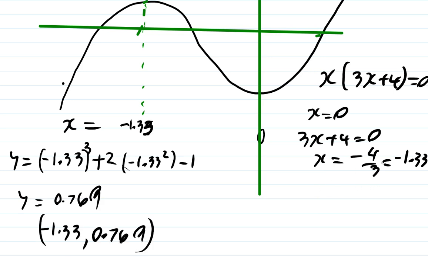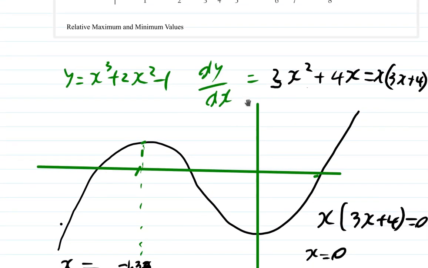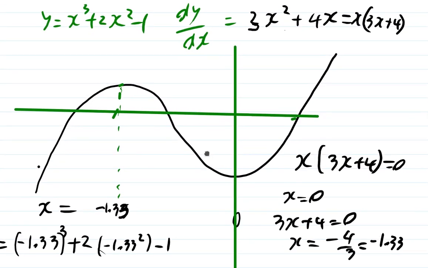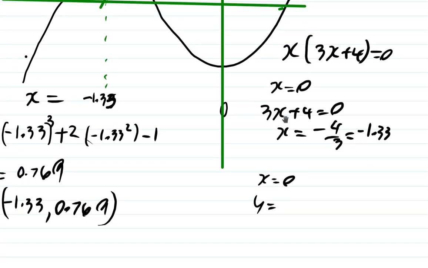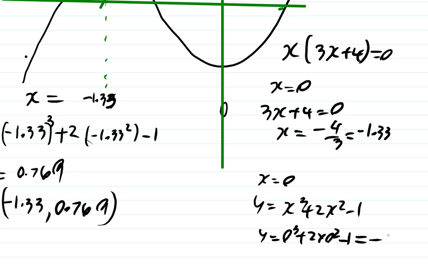The other one, when x is 0, y is what? You know that y is x cubed plus 2x squared minus 1. So y would be 0 cubed plus 2 times 0 squared minus 1, which is just minus 1.